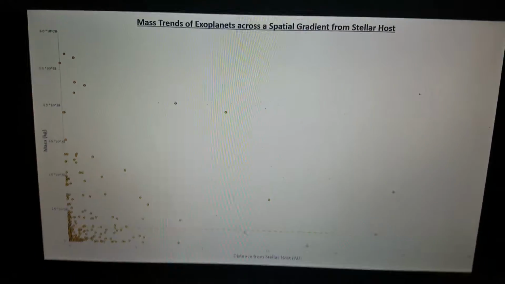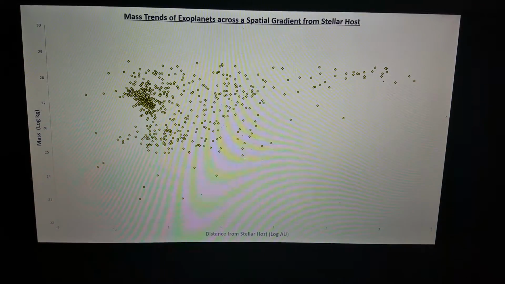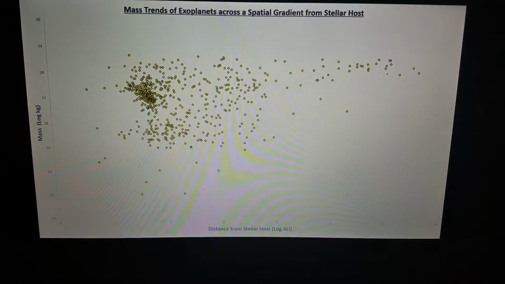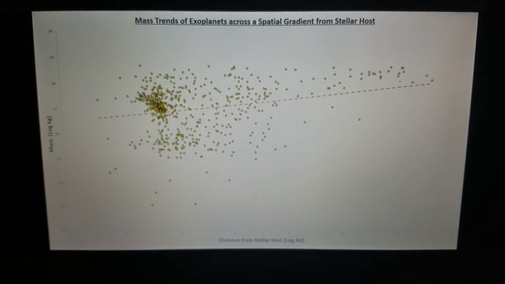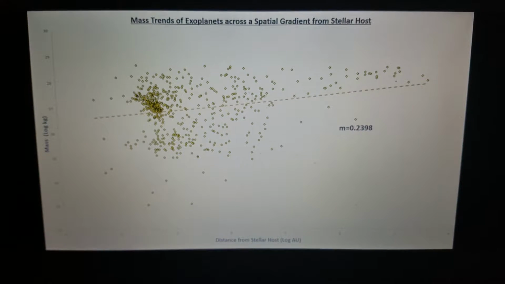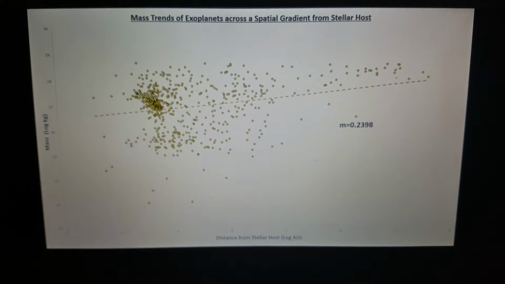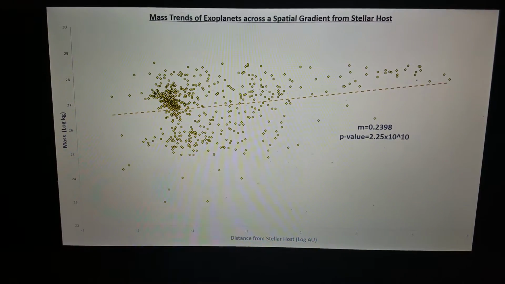So I did a logarithmic transformation on the data in order to get a more accurate statistical analysis on the data and to represent it better. Here we have a line that shows a better fit, with the slope m being 0.2398 and giving us a p-value of 2.25 times 10 to the 10th.